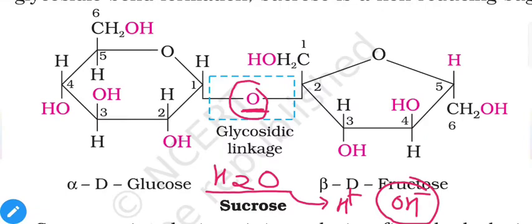Let us say the oxygen breaks its bond from here. That means it is still attached with fructose, but the bond is broken from the glucose side. So the OH group will be attached with glucose like this. So now we have a complete glucose molecule, and this hydrogen will be attached with this OH group.